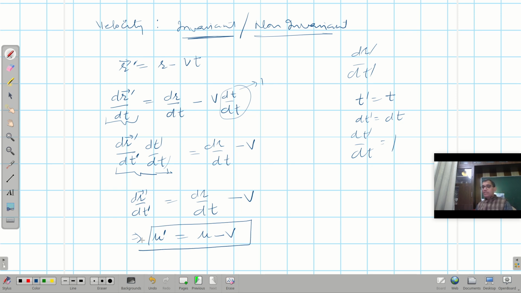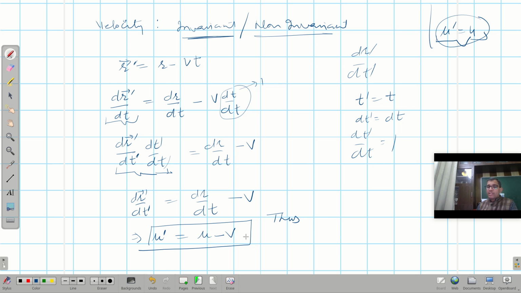So the velocity of the object will not remain an invariant quantity under Galilean transformation, because for the velocity to be invariant, u prime must be equal to u, but we are not getting this. And what is this u prime? u prime is the velocity of the particle when it is seen from the moving frame of reference, and u is the velocity of the particle when it is seen from the rest frame of reference.